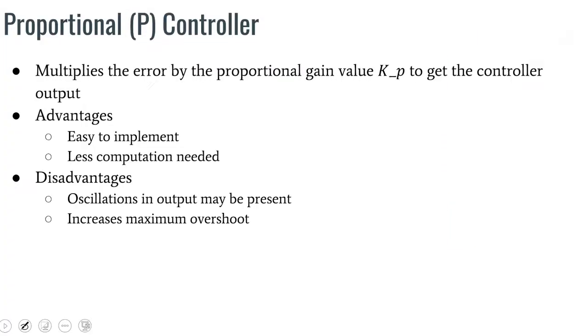For example, one of the examples that we discussed last time: there's a wall and we want a vehicle to go towards the wall and stop there.